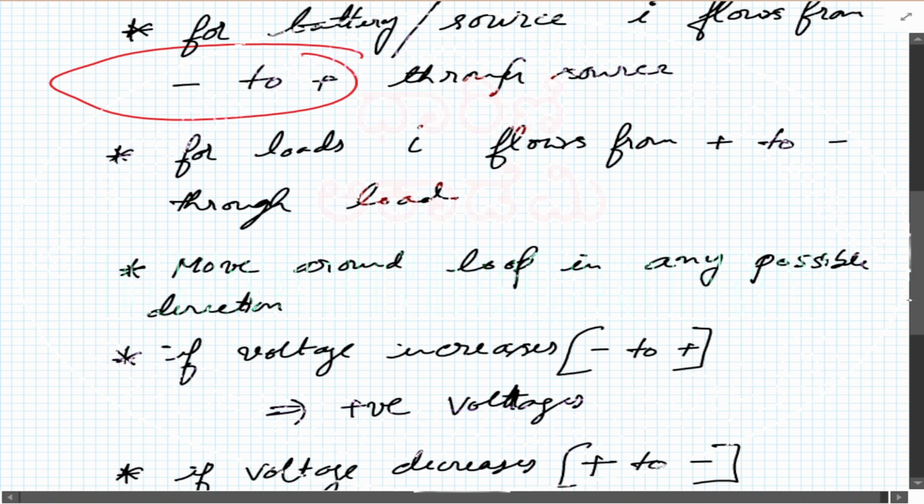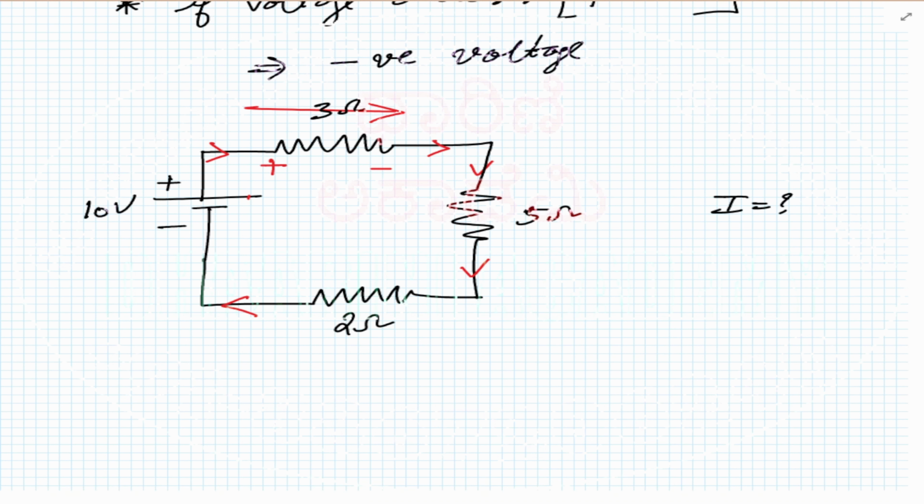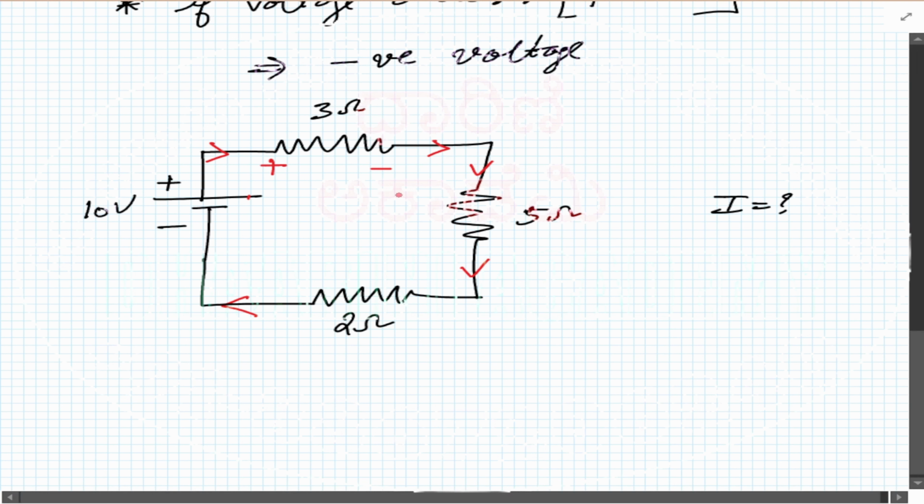So you have to mark plus and minus now, looking at the direction. Through the load, this is plus, this is minus, then through the load, this direction is valid. Current enters from the positive terminal, leaves from the negative terminal. So you can put plus and minus for every device which is a load. For a source it is minus to plus, for loads it is plus to minus.